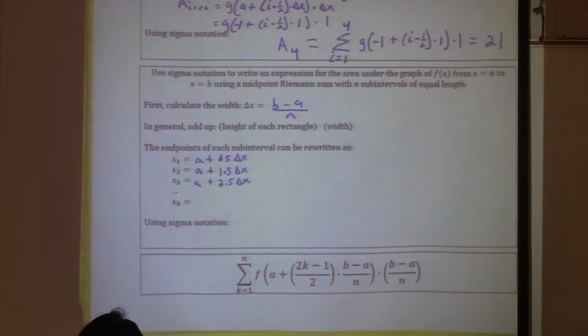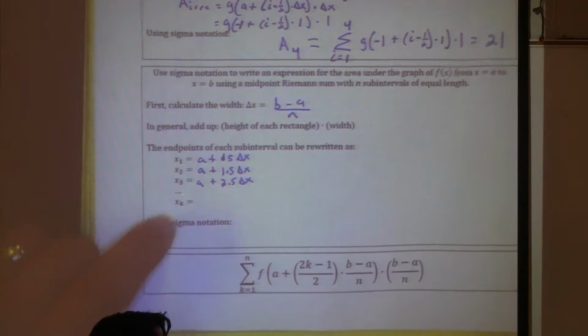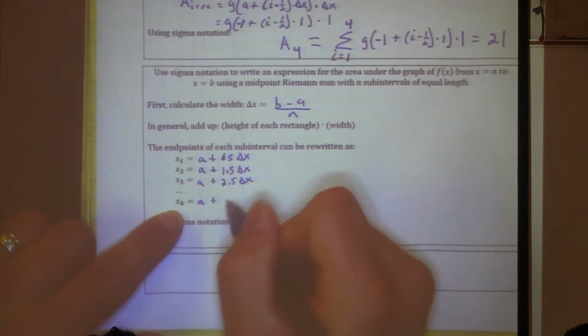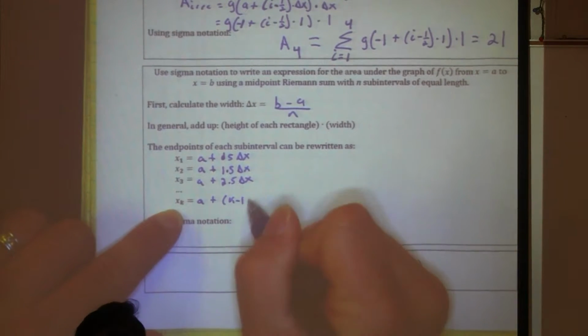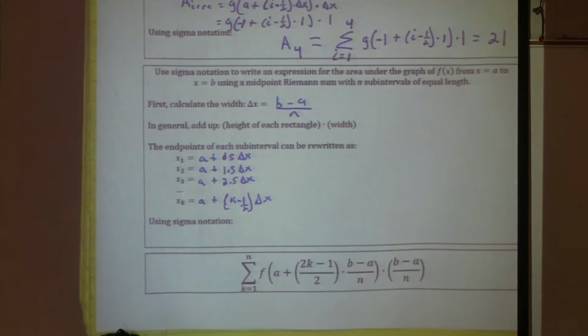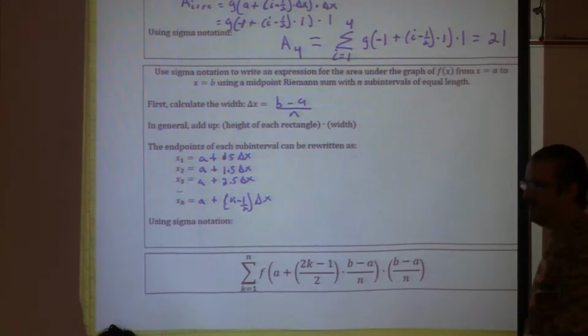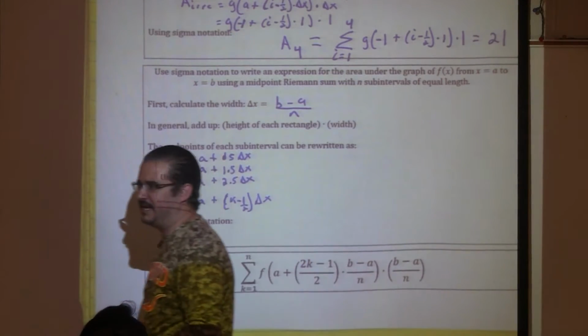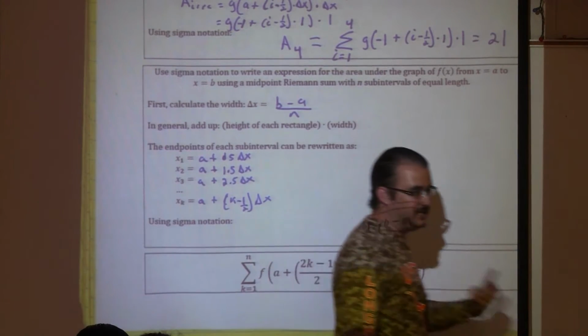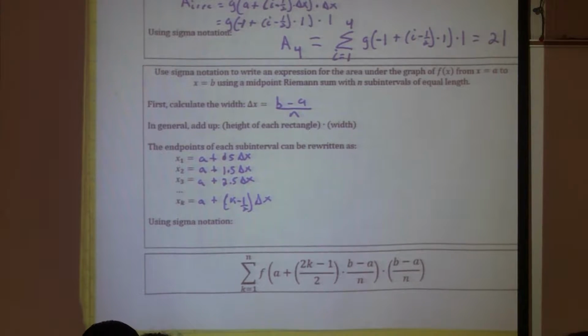Okay? So if I want any midpoint for any rectangle xk, that would be a plus k minus half delta x. Do you understand? And if I know the x value of the midpoint, could I find the height of that rectangle? Yes, by just doing what with that number? Plugging it into the function, right? Okay.